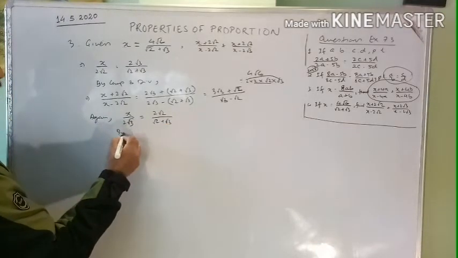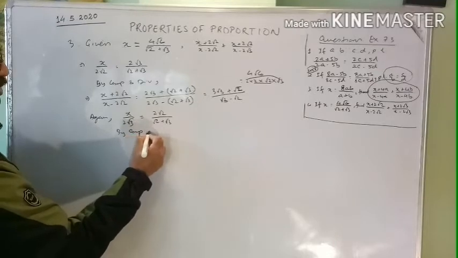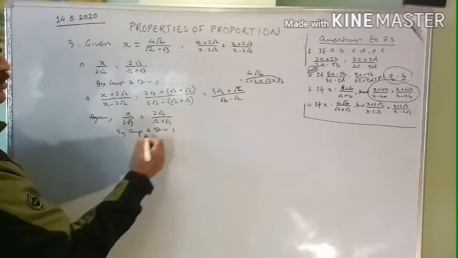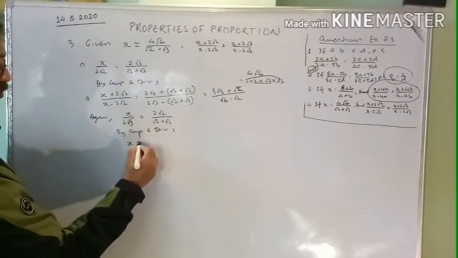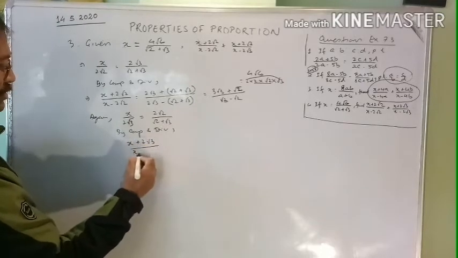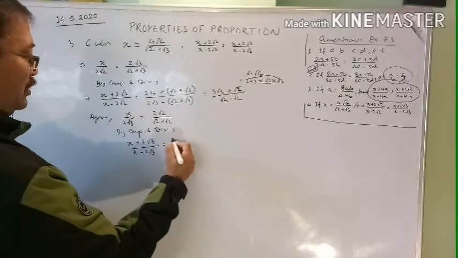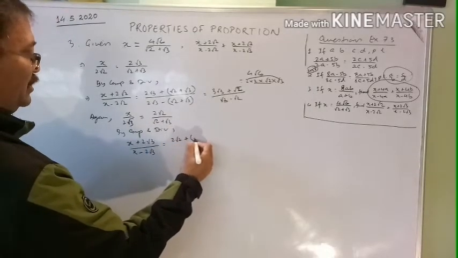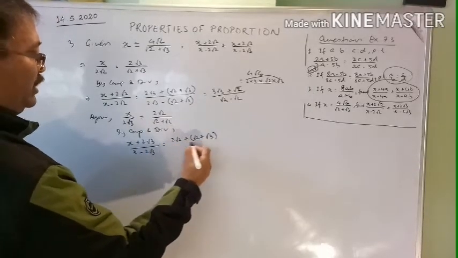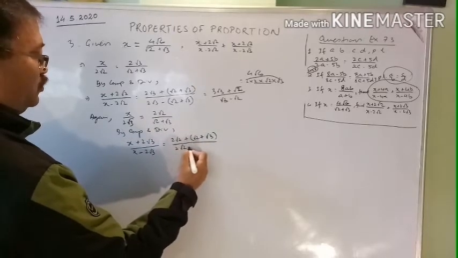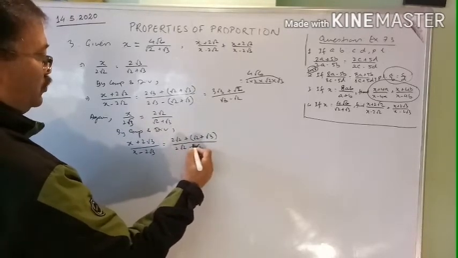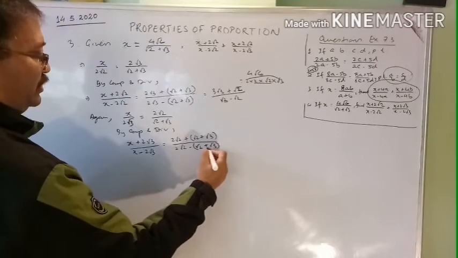So by componendo and dividendo, what we get? x plus 2 root 3 upon x minus 2 root 3 is equal to 2 root 2 plus root 2 plus root 3, divided by 2 root 2 minus root 2 plus root 3.